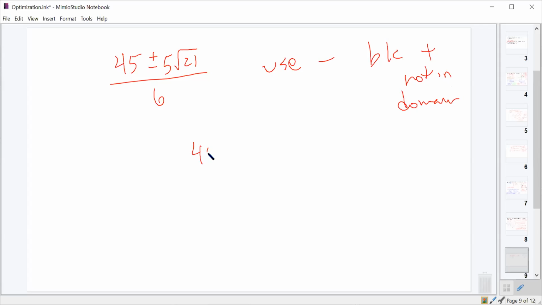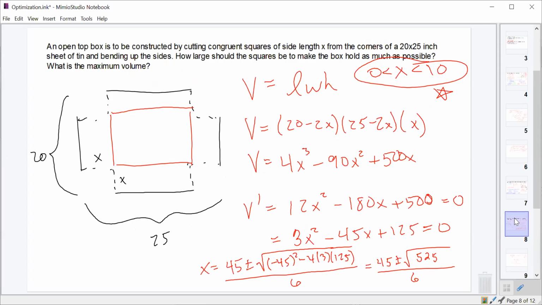So we've got 45 minus 5 root 21 over 6. And if we were to make our sign chart with that value, if I plug in something more than, what did we say that was, 3 point something? So if I plug in something more than 3, like 4 or 9 or whatever, 9, let's say, into our derivative, we're going to get out a negative number, right?